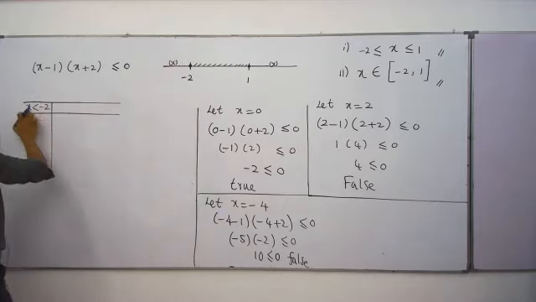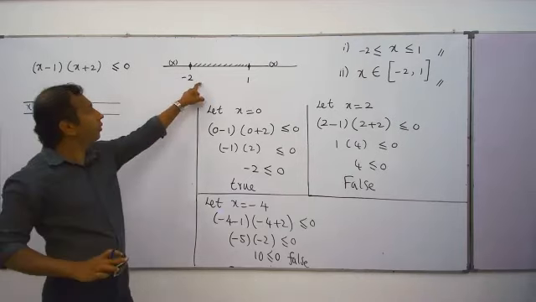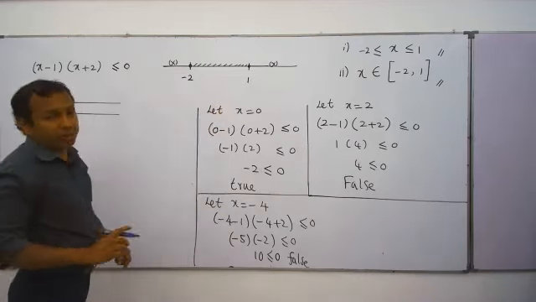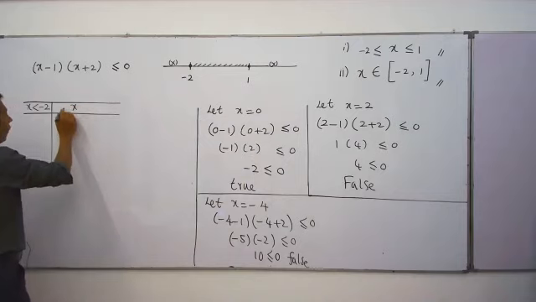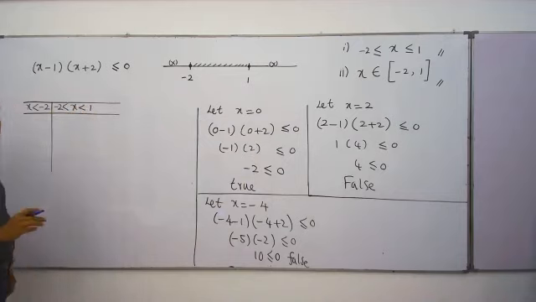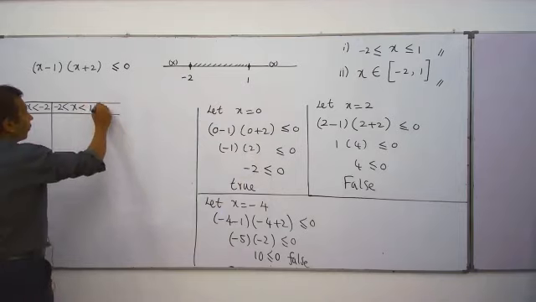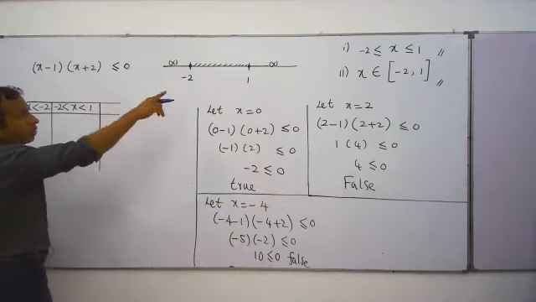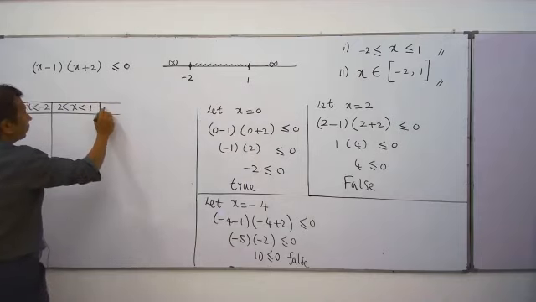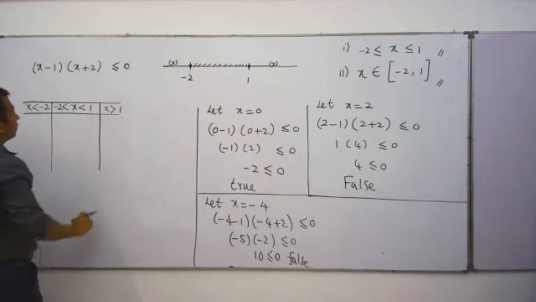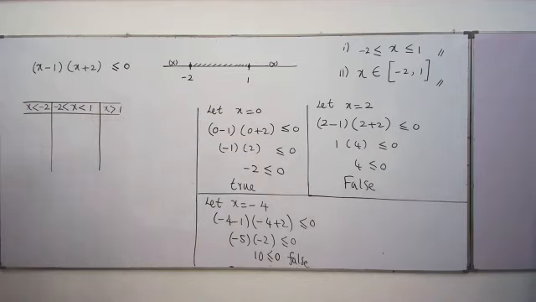That is why I wrote here. And here, between minus 2 and 1, x greater than minus 2, less than 1. Next one, x greater than 1. This way we prepare the table.